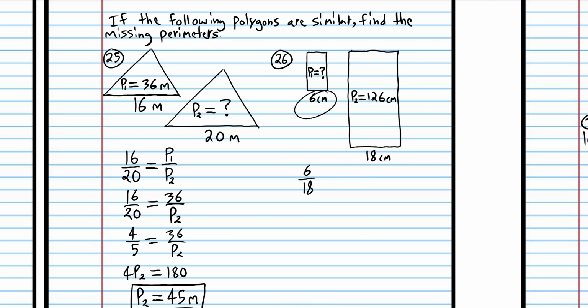Notice we're not given all the sides, but we don't need all the sides. We just need the ratio of corresponding sides, so this ratio is going to be the same as all the other ratios. And that's the small number on top, so P1, the small perimeter, is going to be divided by the big perimeter. We have the big perimeter, P2 is 126.